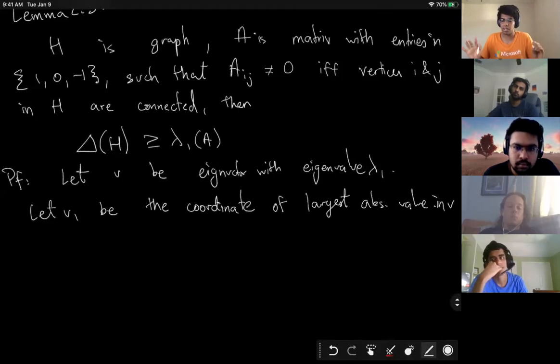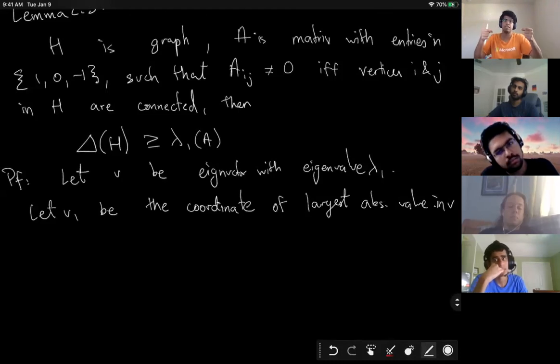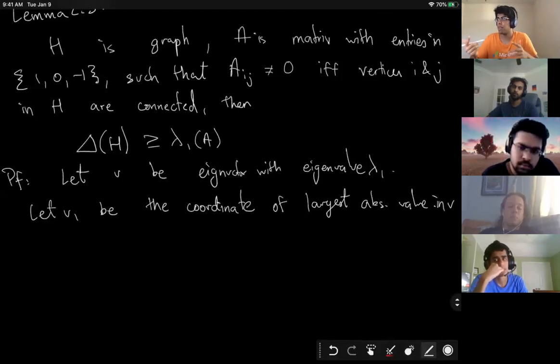It's the largest absolute value. Like the index? Yeah, like the first one, V1, arbitrarily. It doesn't really matter. It's just for bookkeeping. You just need to keep track of that index.